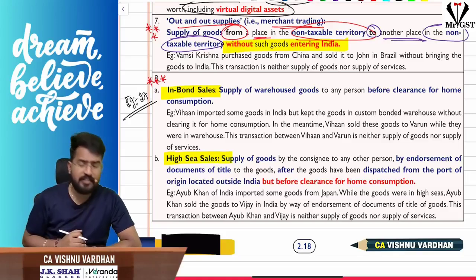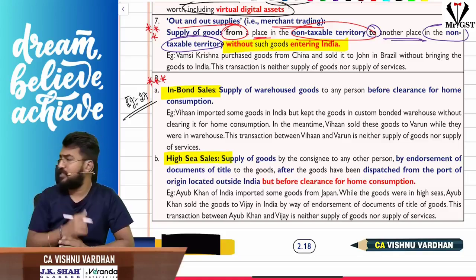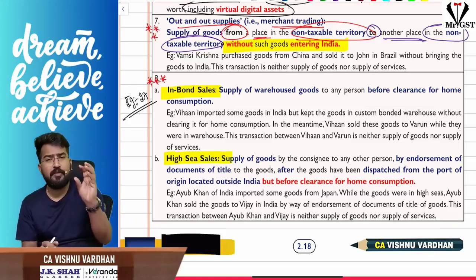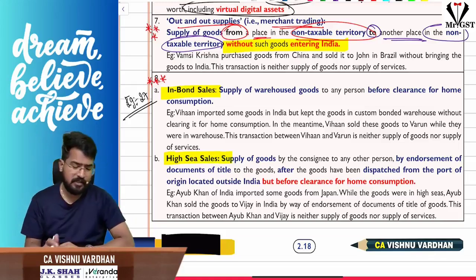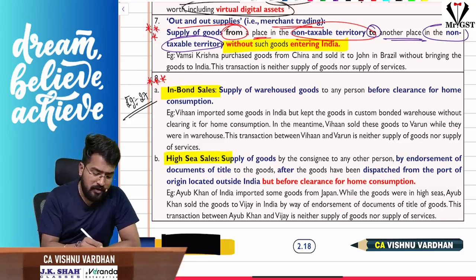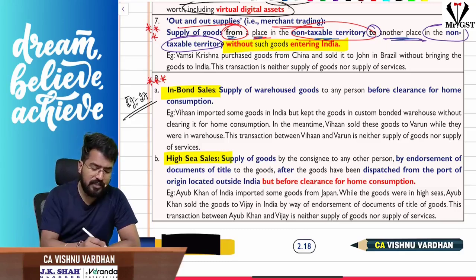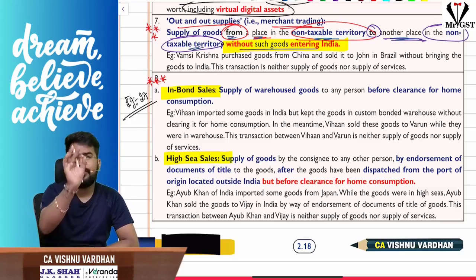Now coming to the next one, out and out supplies, that is merchant trading. Sir, what do you mean by merchant trading? Now please understand, when one person is selling goods to another person from a place in non-taxable territory to another place in non-taxable territory without such goods entering into India.